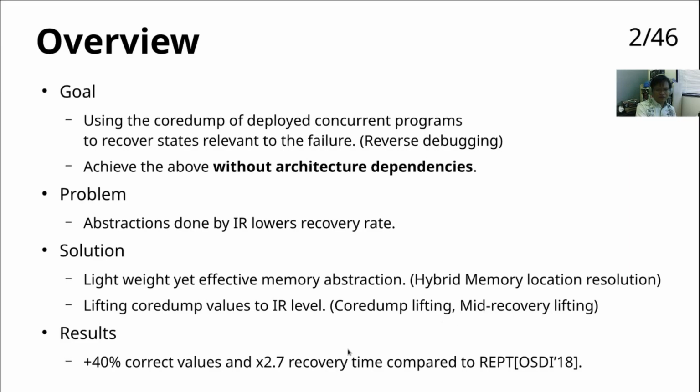As a result, compared to the state-of-the-art reverse debugger REPT, we have increased the recovery rate by 40% on average, while only being 2.7 times slower on real-world C concurrent programs.